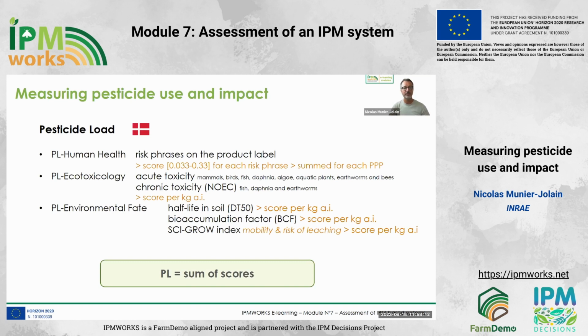The third component of the pesticide load is the pesticide load for environmental states, which is considering three parameters: the half-life of the active ingredient in the soil, which produces a score per kilogram of active ingredient; the bioaccumulation factor, which is also producing a score per kilogram of active ingredient; and a third parameter, which is an index measuring the mobility of active ingredients and the risk of leaching, and this risk is also expressed as a score per kilogram of active ingredient.